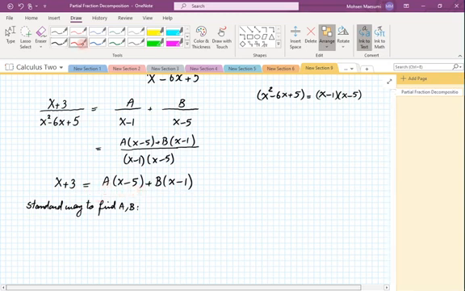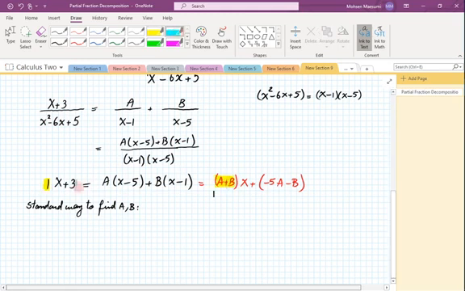Meaning what? Meaning go ahead and collect this thing. So I go to the right, so x, what are the factors of x? A and B. And then what's left? What is left is minus 5A and then minus B. So now we say this polynomial is identical to that polynomial if the coefficients of respective powers are the same.